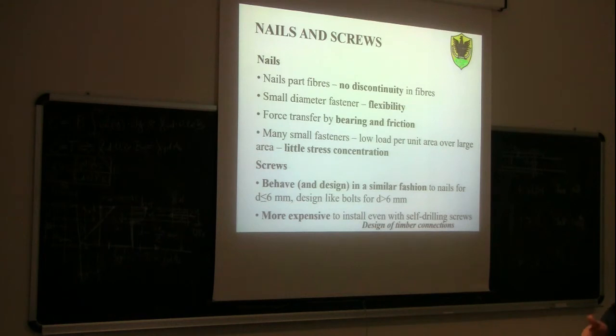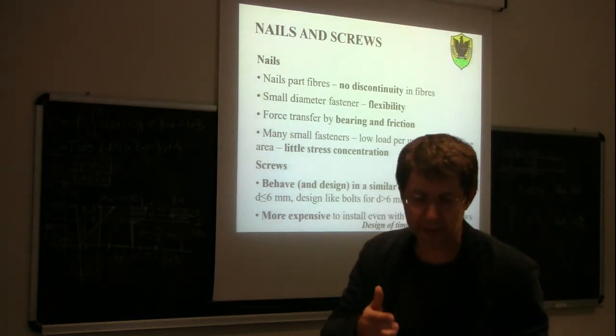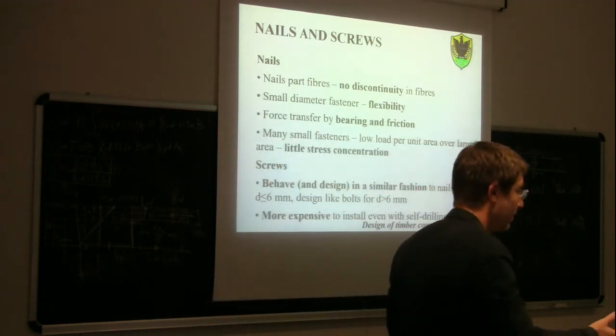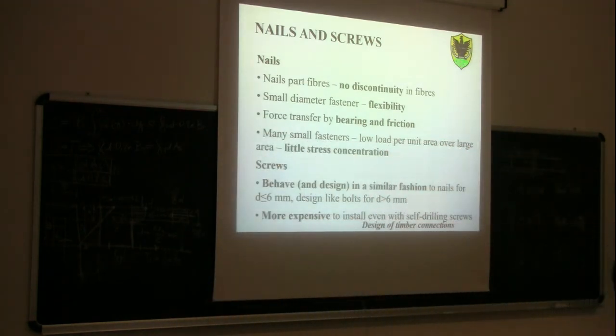Also, the nail gun works for small diameter nails. If you have a nail of 8 mm, you need something much bigger. So in the end, you can shoot nails up to a small diameter, 3 mm. Otherwise, you need to do a pre-hole, and then you can insert the nail. So nails are very convenient for small diameters.